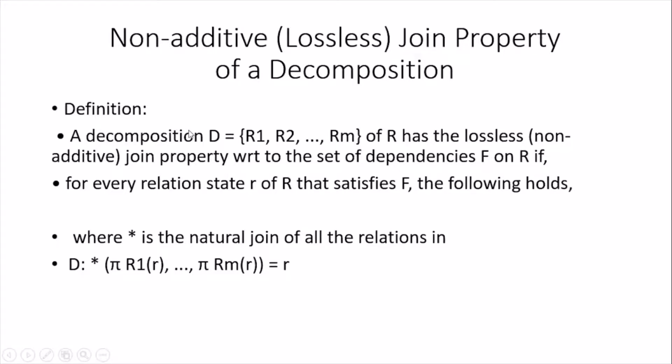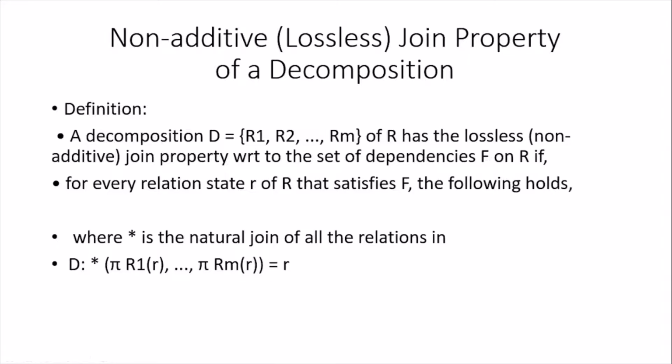Suppose you have a decomposition for this R like D = {R1, ..., Rm}, and this has the lossless or non-additive join property with respect to the set of dependencies F on R if every relation state r of R satisfies F, then the following holds: the natural join, star, of π R1(r), π R2(r), ..., π Rm(r) will give you r itself.